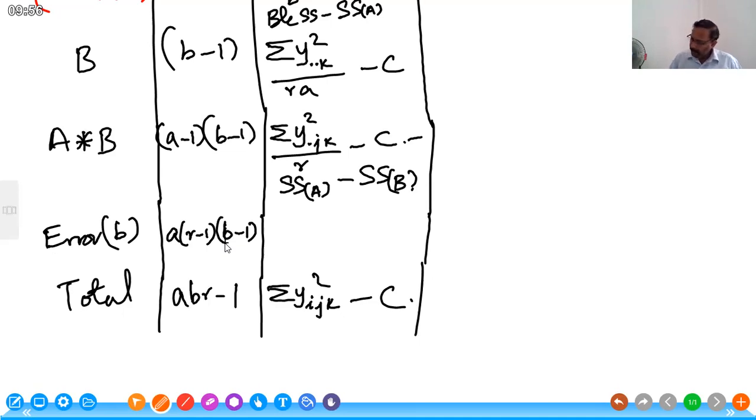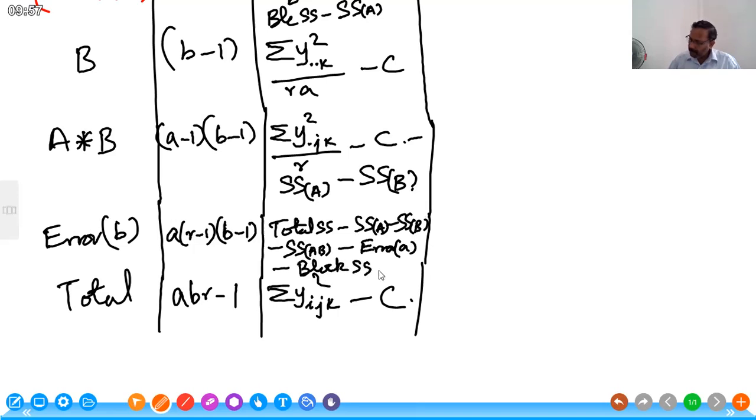Then we can say total sums square minus sums square due to A minus sums square due to B minus sums square due to AB minus sums square due to error A minus one more sums square, that is block sums square. So you see, you divide, you get rid of all.